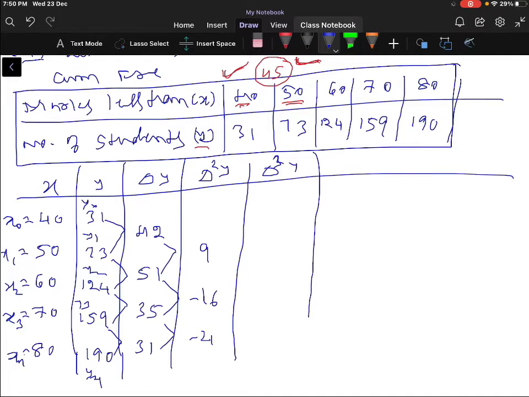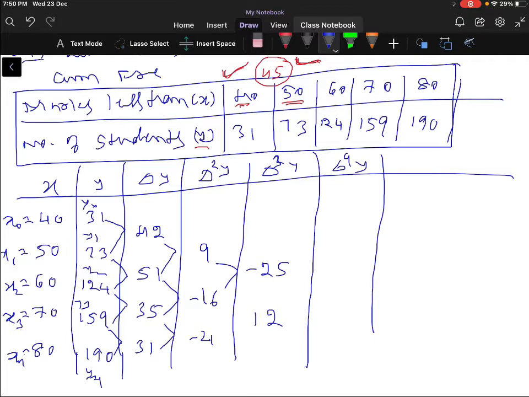So let us calculate the third forward differences. Minus 16 minus 9, that is minus 25. Minus 4 minus of minus 16, that is plus 12. Minus 25 and 12 are the third forward differences.